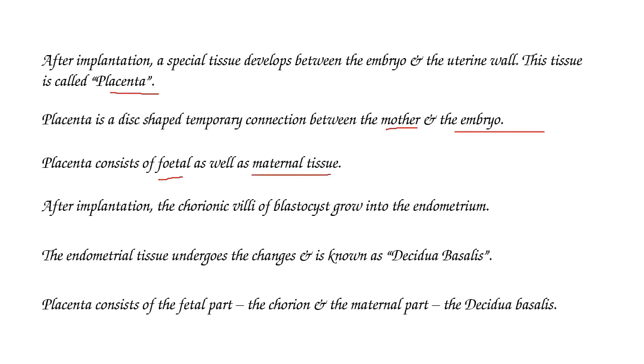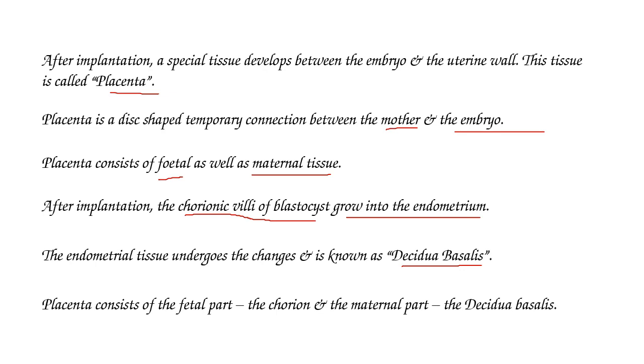Maternal means mother. After implantation, the chorionic villi of the blastocyst grow into the endometrium. The endometrial tissue undergoes changes, and the changed endometrial tissue is called the decidua basalis.